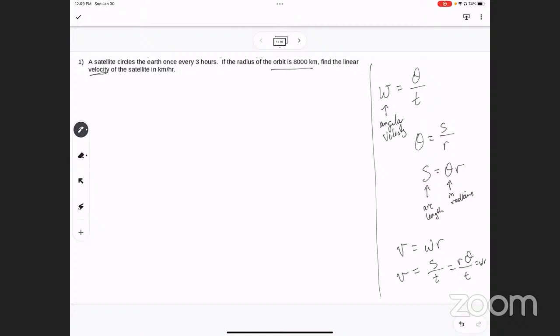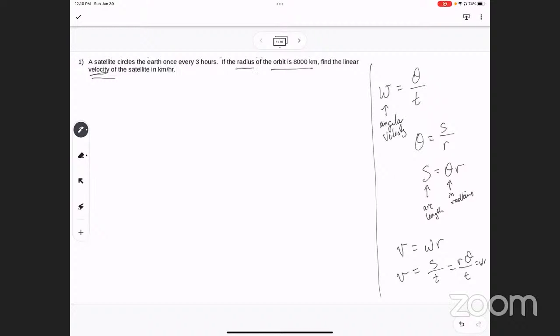Okay, so let's look at the problem now that we have all our formulas. A satellite circles the Earth once every 3 hours. So if the radius is that much, find the linear velocity of the satellite in kilometers per hour. Okay, so we want the linear velocity. The radius is that much.